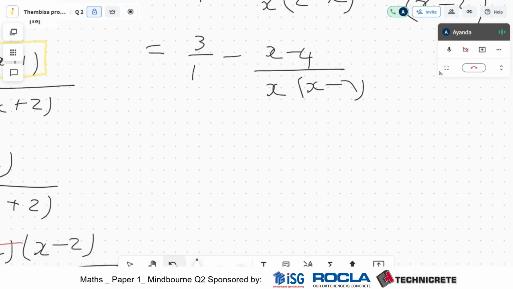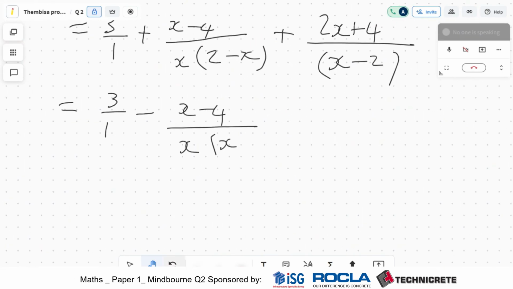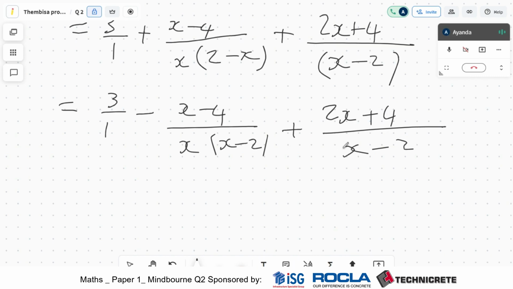Plus 2x plus 4 over x minus 2. Now, we can just make our common denominator x times x minus 2.